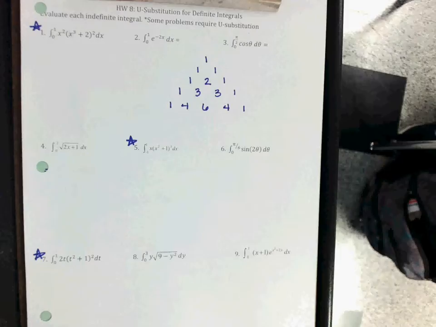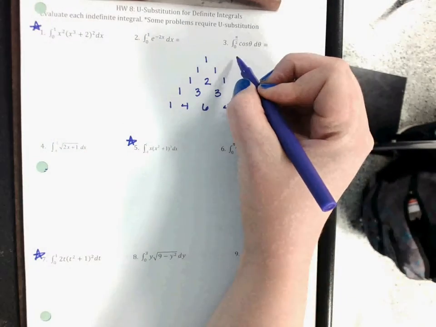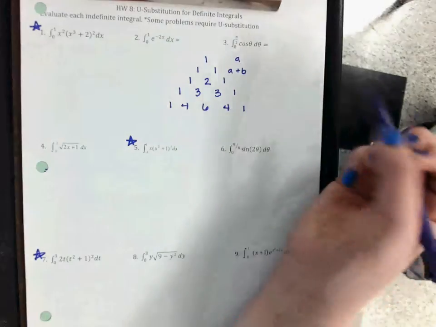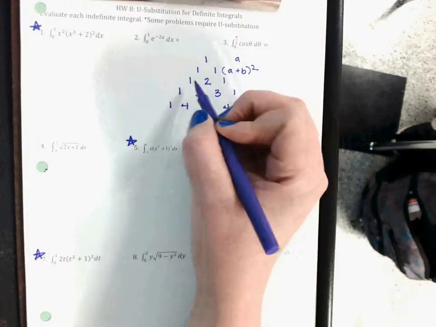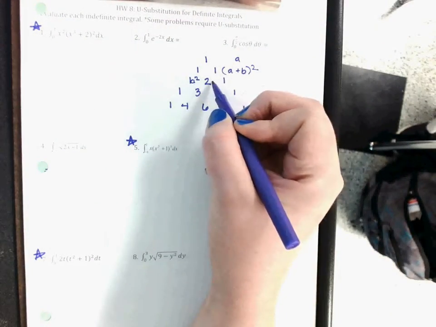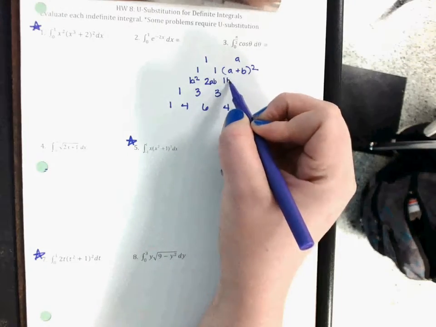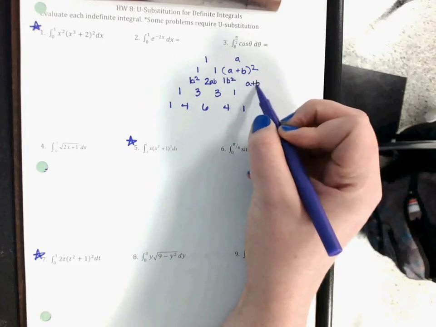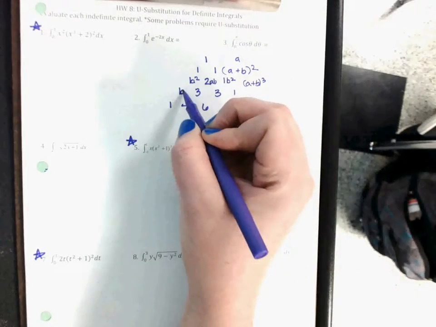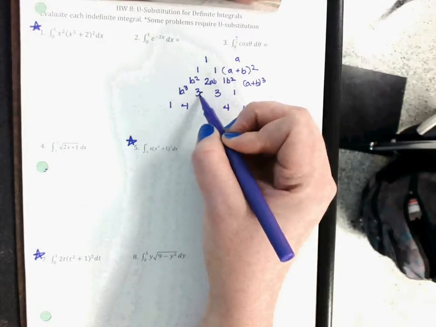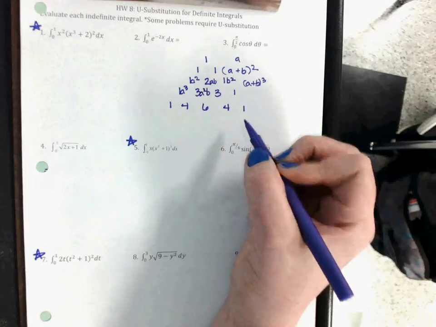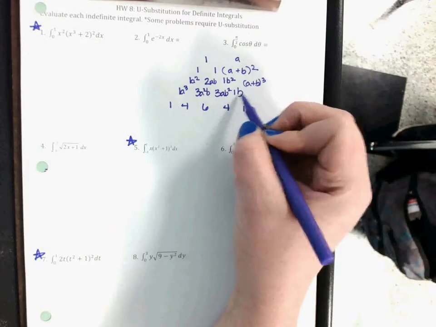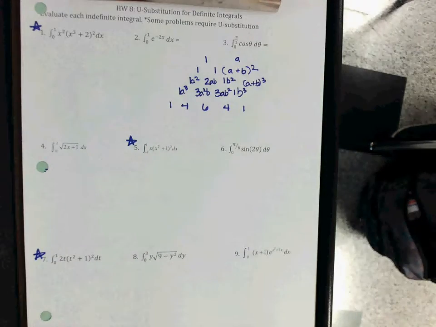This is A plus B, and if you square it, then it's 1A squared plus 2AB plus 1B squared. If you did A plus B cubed, then it would be A cubed plus 3A squared B, then 3AB squared, and then B cubed.